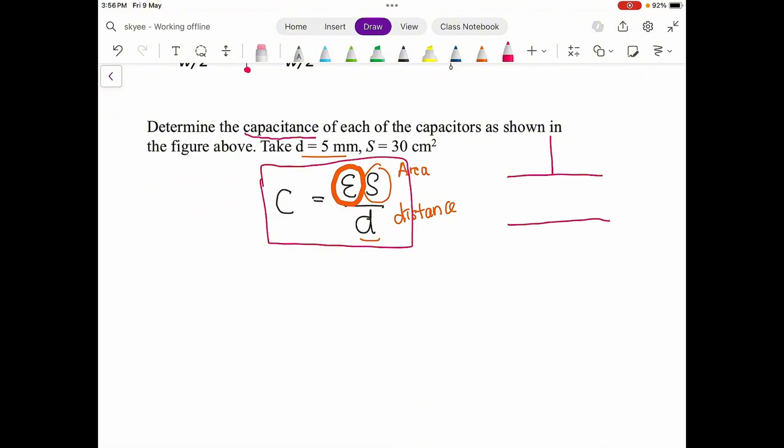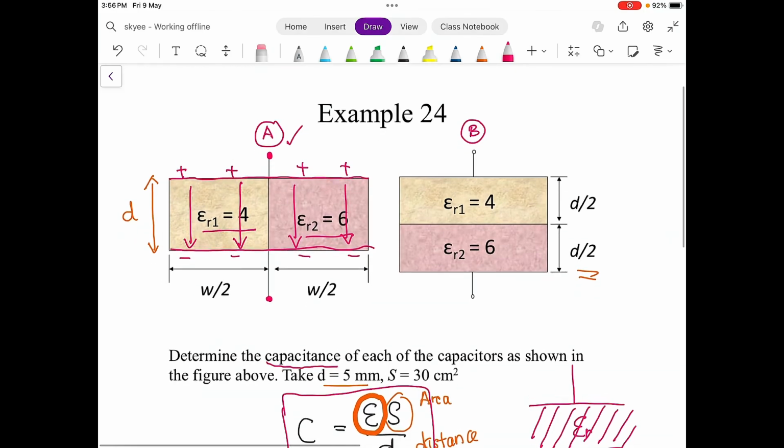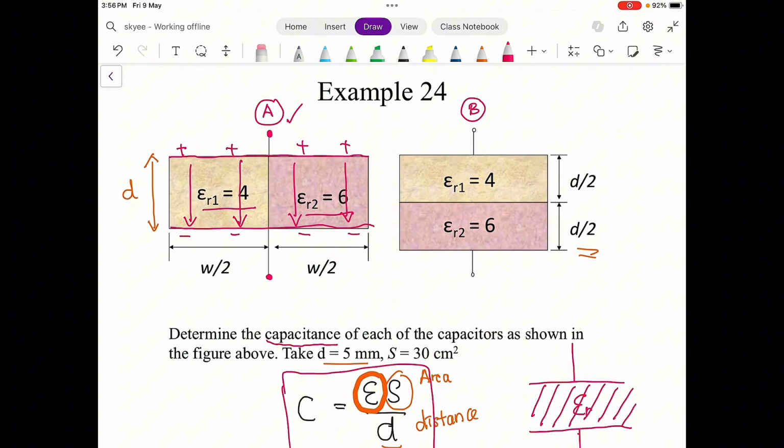Uniform dielectric medium means that in between the two parallel plates, you have only one type of dielectric material. Now look at this capacitor A. This capacitor A has two dielectric mediums.